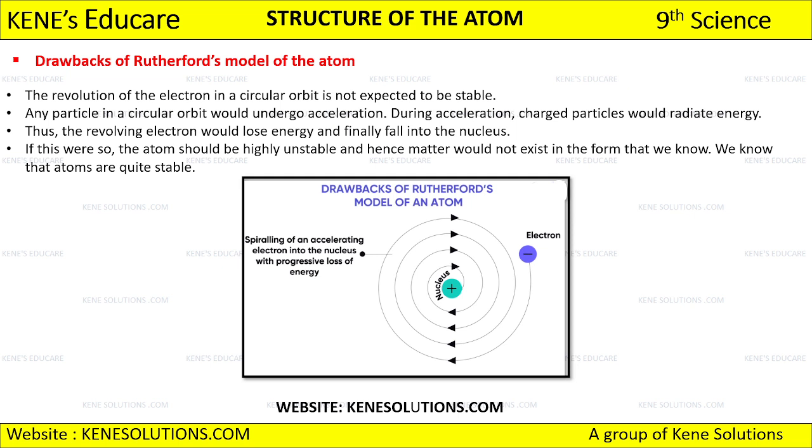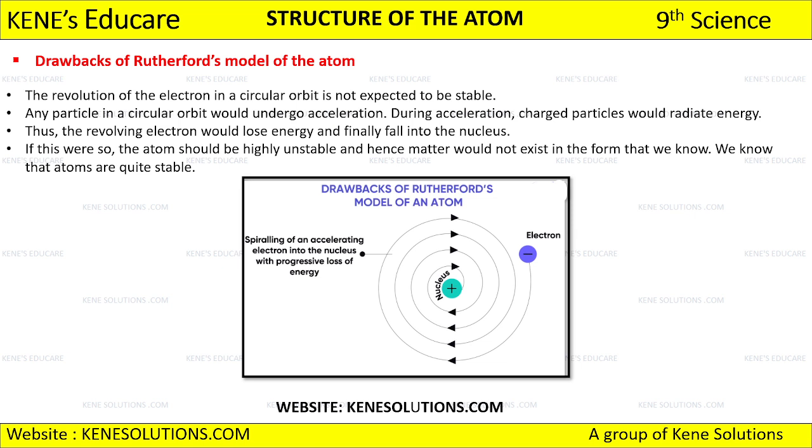Any particle in a circular orbit is going to undergo acceleration, and during acceleration, the charged particle will radiate energy. We know when any object accelerates, like when you ride a bicycle and increase the speed, whenever there is acceleration, charged particles radiate energy.